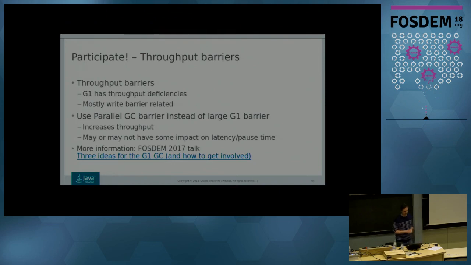That would be by using the same barrier as Parallel GC in G1, at the cost of some little extra work during the pause, which may or may not actually have an impact. More information about this: my colleague Erik Österlund had a really, really good talk about this last FOSDEM.